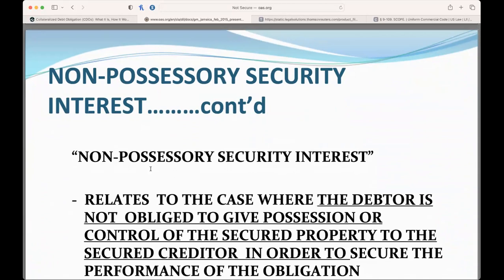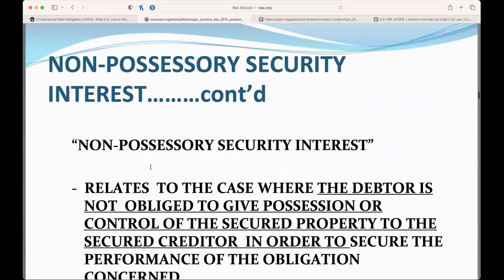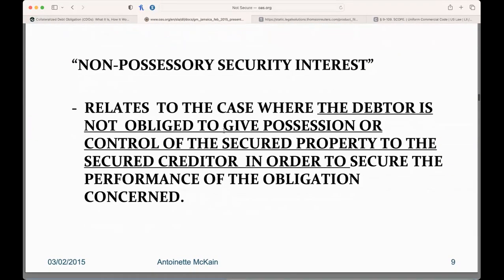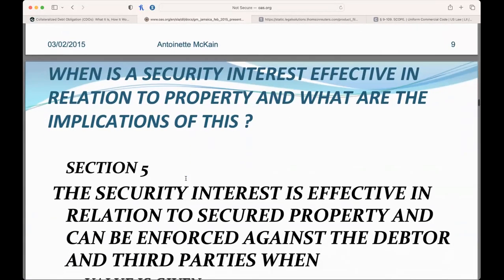So non-possessory security interest continued relates to the case where the debtor is not obliged to give possession or control of the secured property to the secured creditor in order to secure the performance of the obligation concerned.